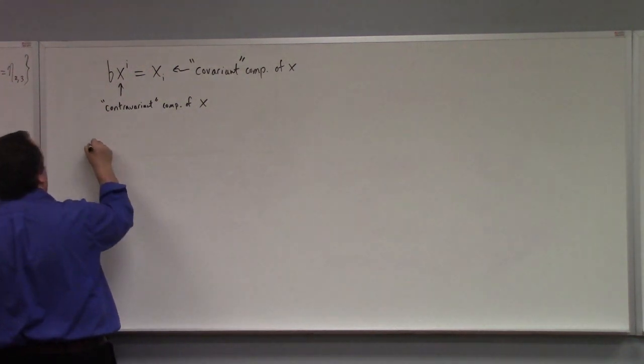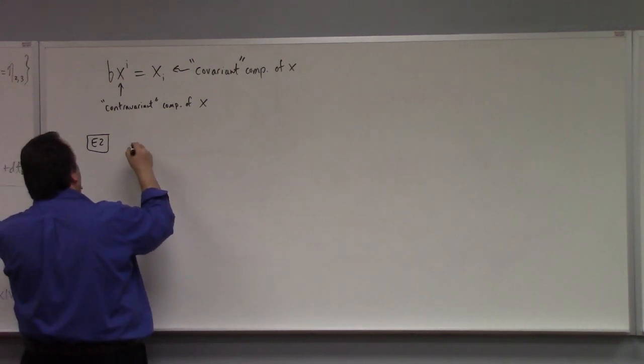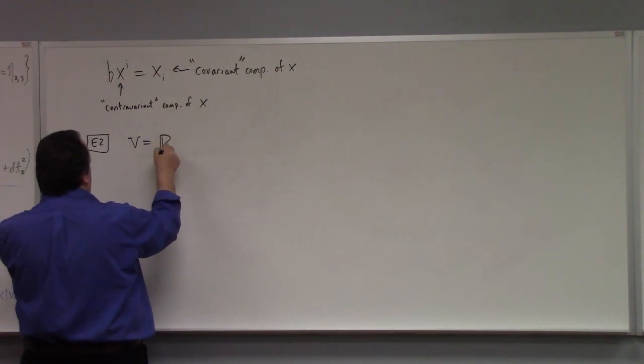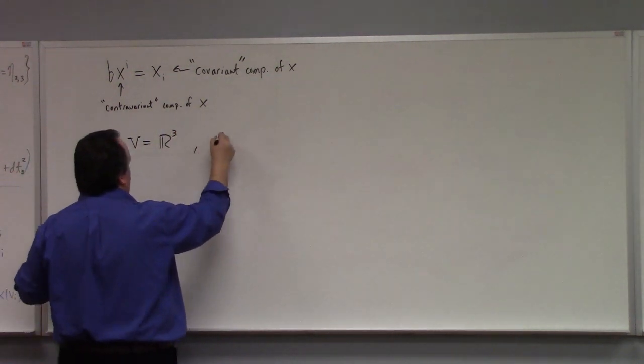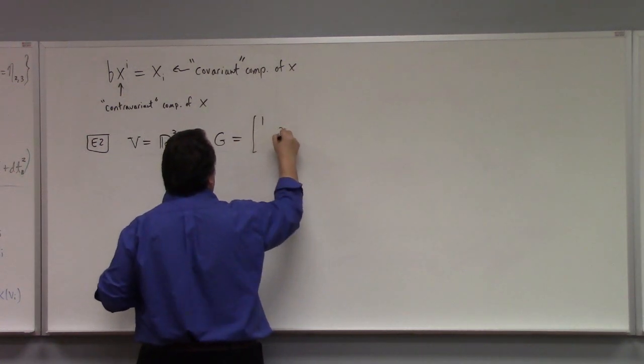Example 2. Let me look at a specific example here. I'll make it relatively easy so we can understand it. Let's suppose V equals R3, and the matrix of G is 1, 2, 3.